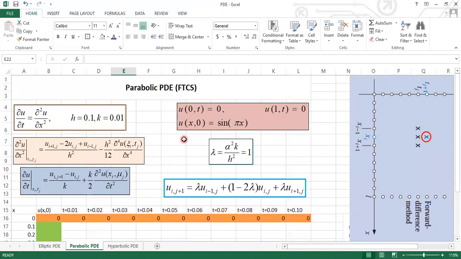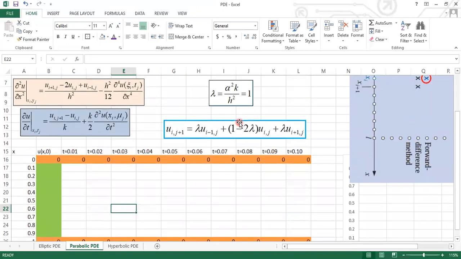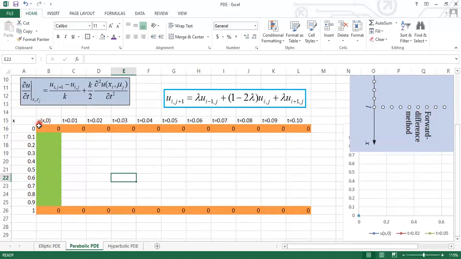Now the initial condition, u of x, 0. When t is fixed at 0, we have the value sine pi x. So for all points, we have a value of sine of pi x. So let's generate these values.